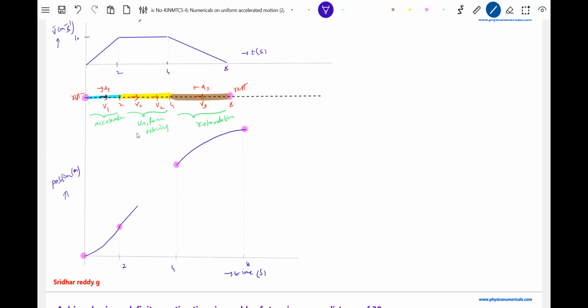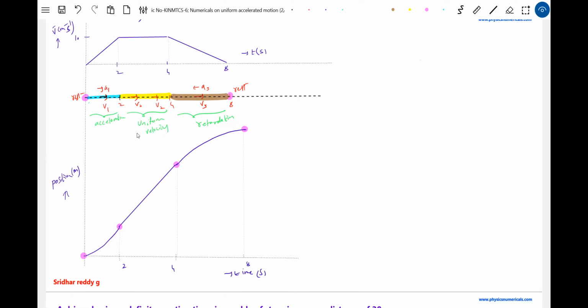I'll draw it. Uniform velocity motion. And afterwards, it will undergo retardation. Look at the slope. The slope keeps on decreasing, no? And in the position-time graph, if you calculate the slope, what do you get? You'll get the speed or velocity. So the slope is decreasing. Therefore, it is said to be undergoing retardation. For acceleration, the curve will be like this.